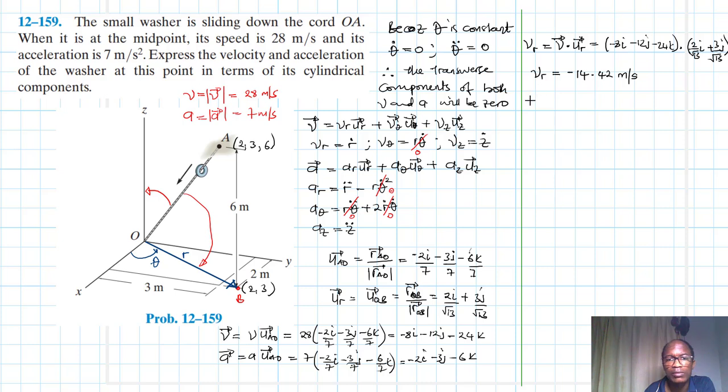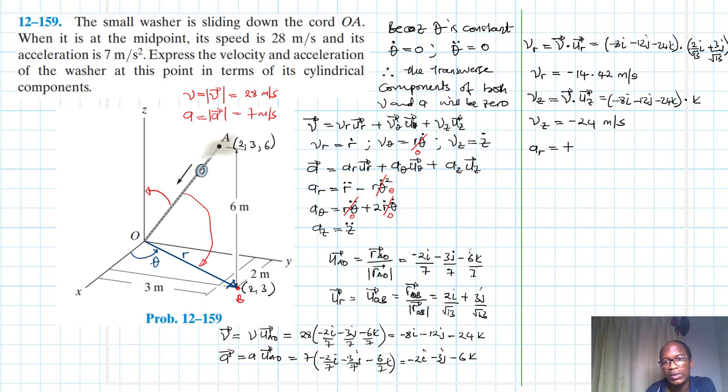And then we do have VZ, and VZ is just the vector itself dot the unit vector along that direction, which is minus 8i minus 12j minus 24k dot k. And this just gives us minus 24 meters per second. Then we have acceleration AR.